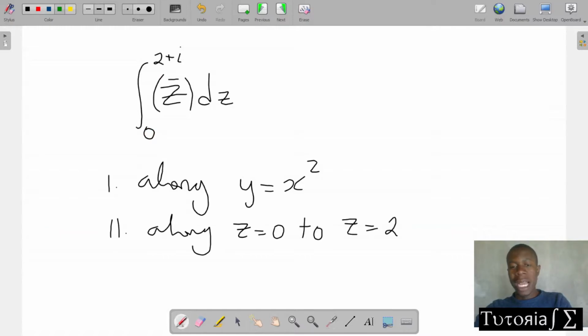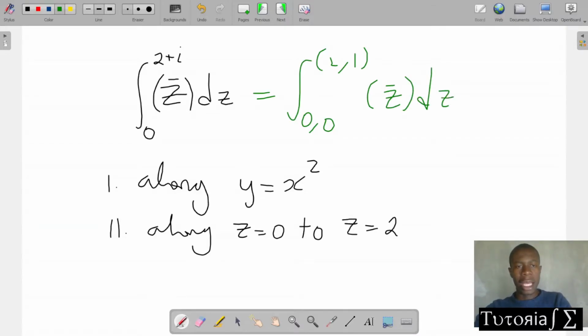Sometimes this can be written as the integral from 0, 0 to 2, 1 of f(z) dz like that. This is 2, which is x, and i, which is the imaginary part, the corresponding coefficient is 1. So this can sometimes be written like that.